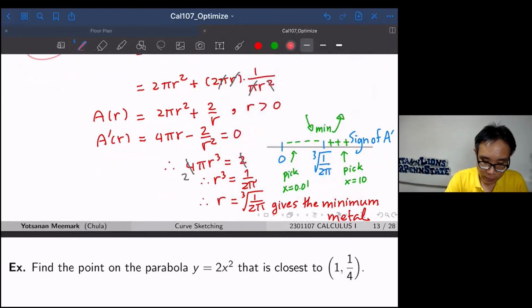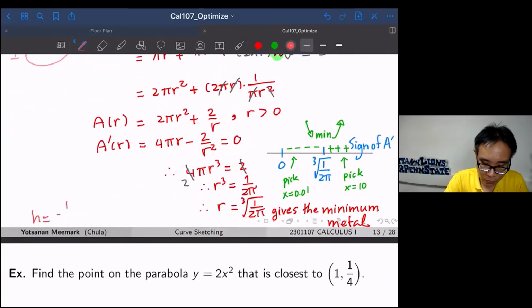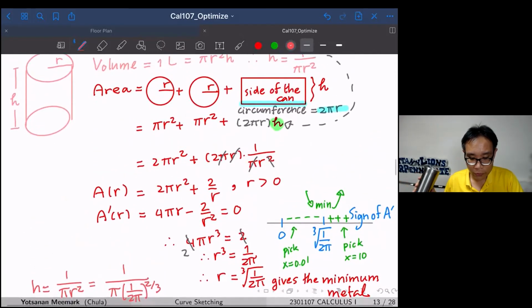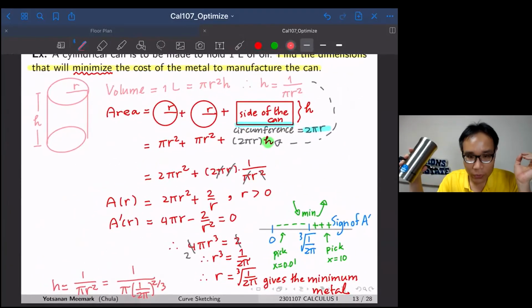So you're going to have h equal to what? h equal to 1 over pi r square. So in this case, it's going to be 1 over pi, and you just plug in 1 over 2 pi to the 2/3. Okay, so this is how we have the solution. So you find the dimensions r and h for this question.